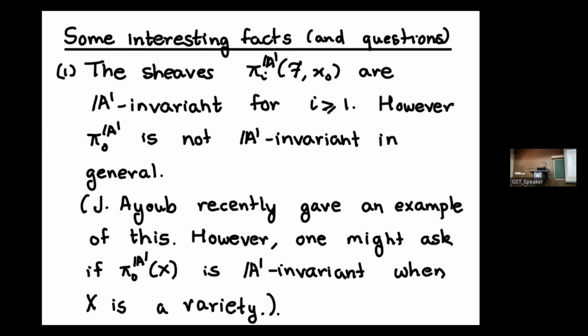What would be the analogous notion in the category of topological spaces? Instead of A1, I have the unit interval delta 1. So I can say that a topological space X is delta 1 invariant if, for any Y, the morphisms from Y into X and the morphisms from Y cross delta 1 into X are the same set.